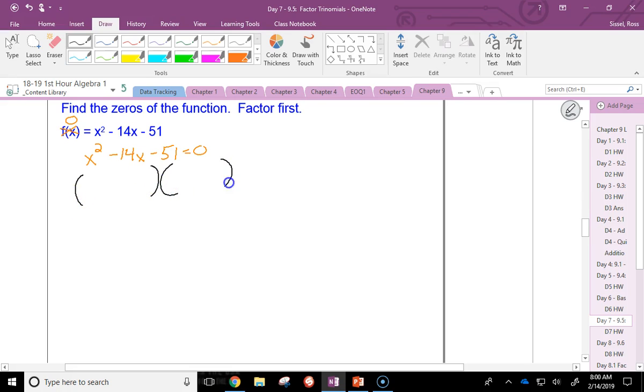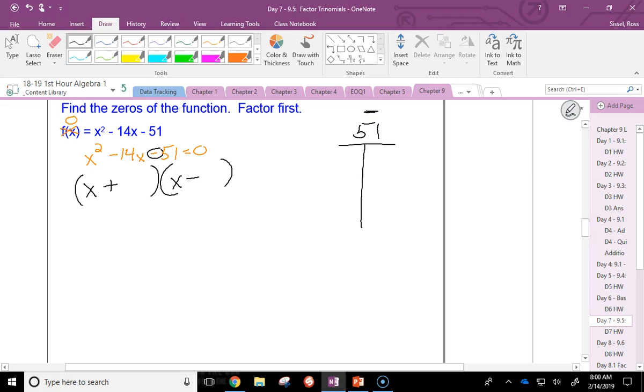We follow all the same steps. We factor this. X and x. Because the C term is a negative here, we know we're going to add and subtract, which means when I take my C term and find my factors, I'm finding the absolute value between the two.